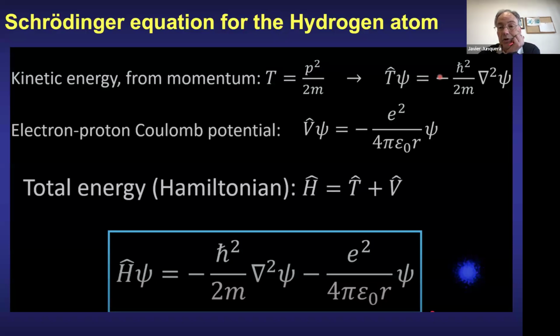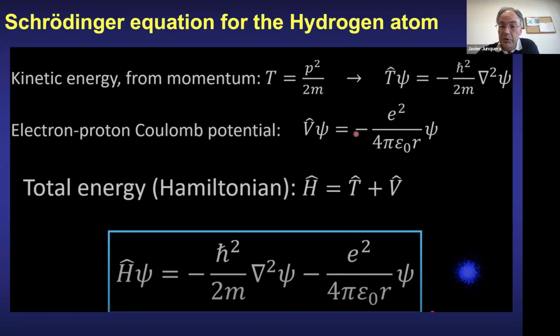Then p squared takes the form of minus h bar squared over 2m multiplied by the Laplacian. This is the same term that we had before for the particle in a box, or for the free particles with periodic boundary conditions. But now the difference is that instead of having a potential that is 0, we have the Coulomb potential between the proton and the electron.